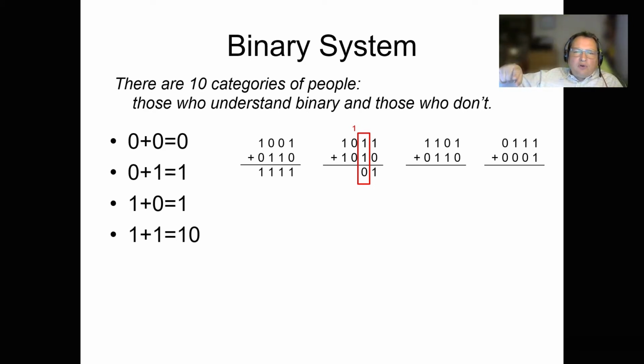So now we have 1 which was carried over from the previous addition, plus 0 plus 0, it's 1. 1 plus 1, again it's 10, which we could just put here as 10, or more technically correct, I will put 0 here and use a carryover to put an additional 1 here.